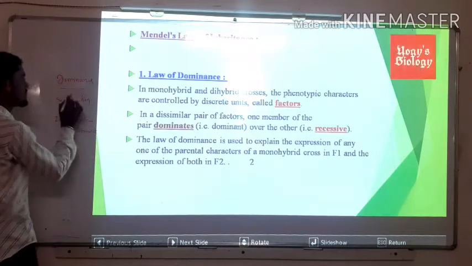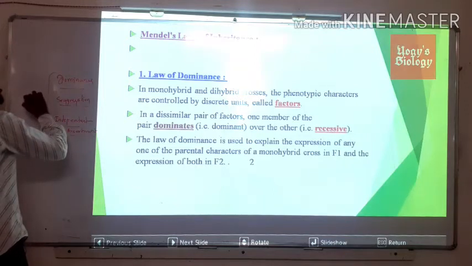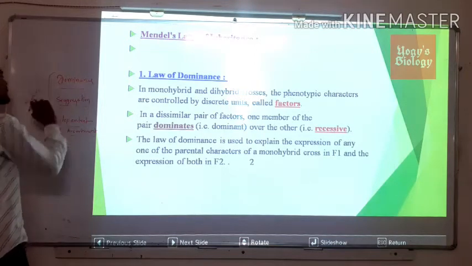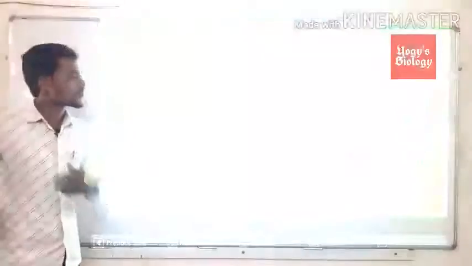Mendel's law or law of Mendel, both are similar.